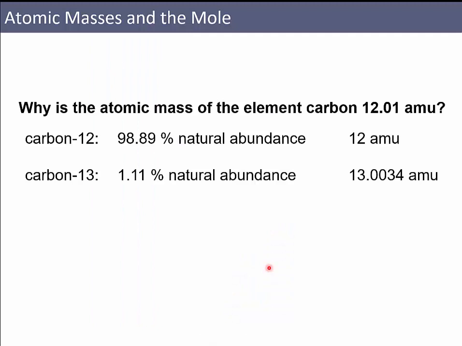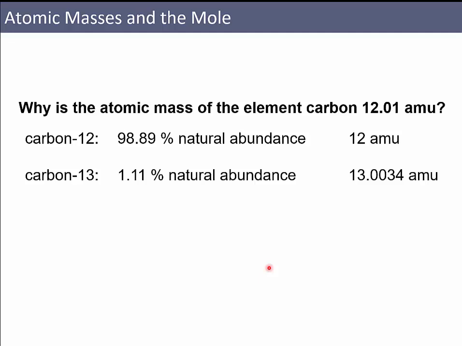When you look at some of the things on the periodic table, you will notice that their atomic masses are not necessarily going to be nice even numbers. For example, carbon says that its atomic mass is 12.01 atomic mass units. Atomic mass units are also sometimes called Daltons, Da, capital D, lowercase a. That's because the periodic table is reporting atomic masses based on the naturally occurring abundance of those elements.